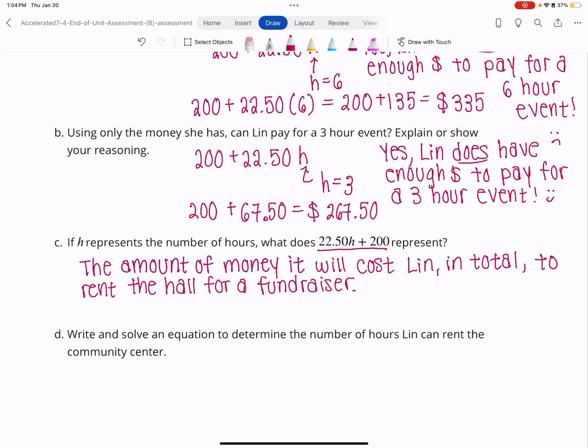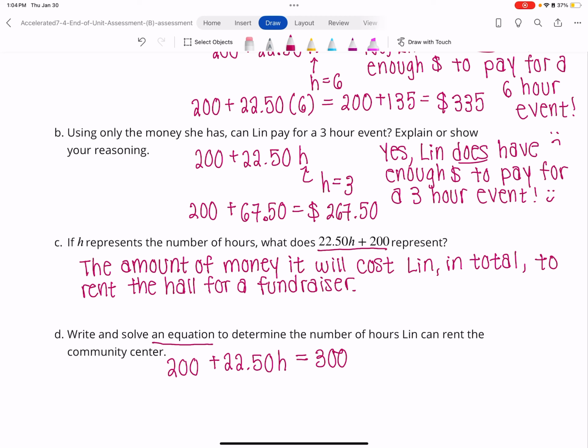Part D, write and solve an equation to determine the number of hours Lynn can rent the community center. This asks you to solve an equation, and we had an expression of 200 plus 22.50H. We're going to make it an equation by setting it equal to $300 because she only has $300 to spend.